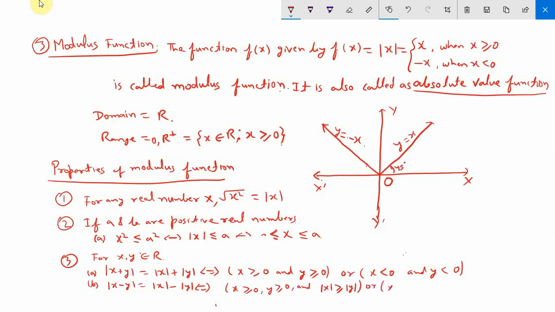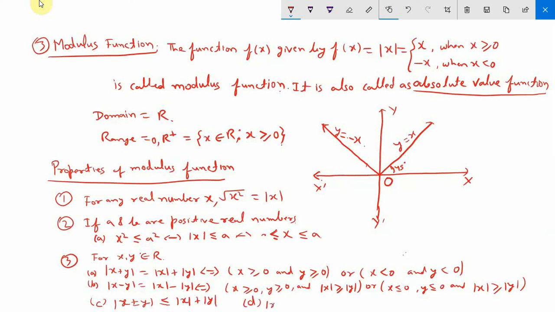Or when x is less than or equal to 0, y is less than or equal to 0, and mod of x is greater than or equal to mod of y. Okay? Next one is C. Mod of x plus or minus y will be less than or equal to mod x plus mod y.